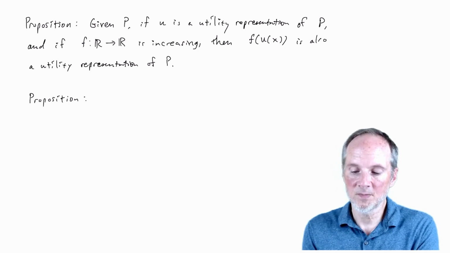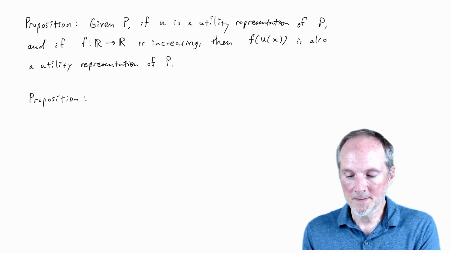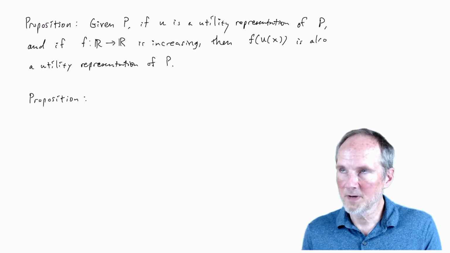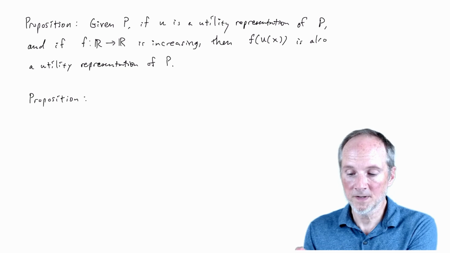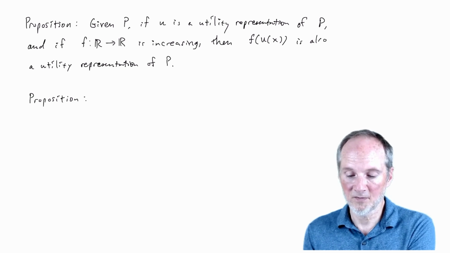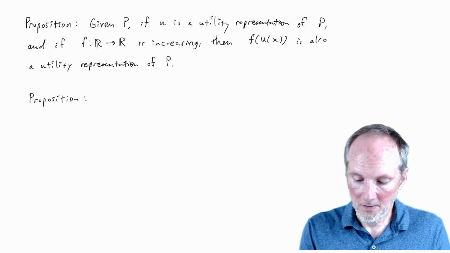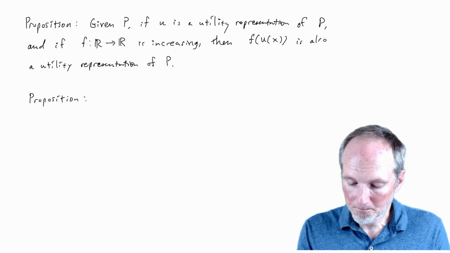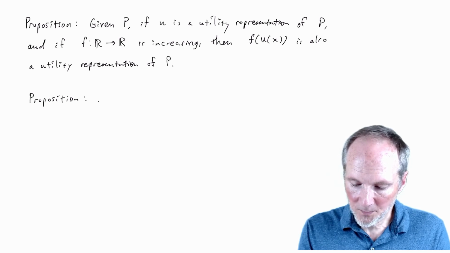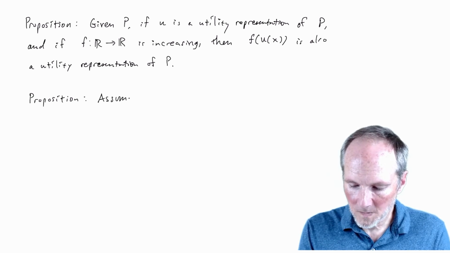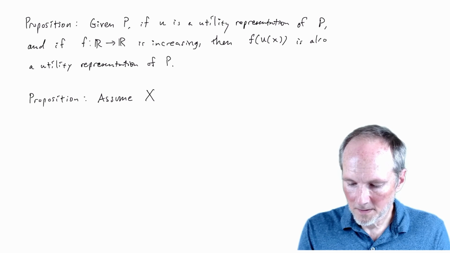We're not going to do the most general proof here, but pretty much in any model that you're going to think about, you can use a utility representation of preferences. All right, so let's assume that the set of available choices is finite.